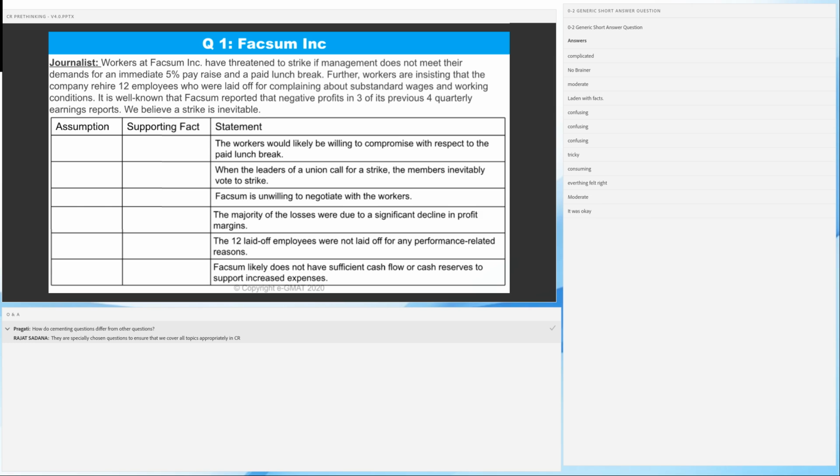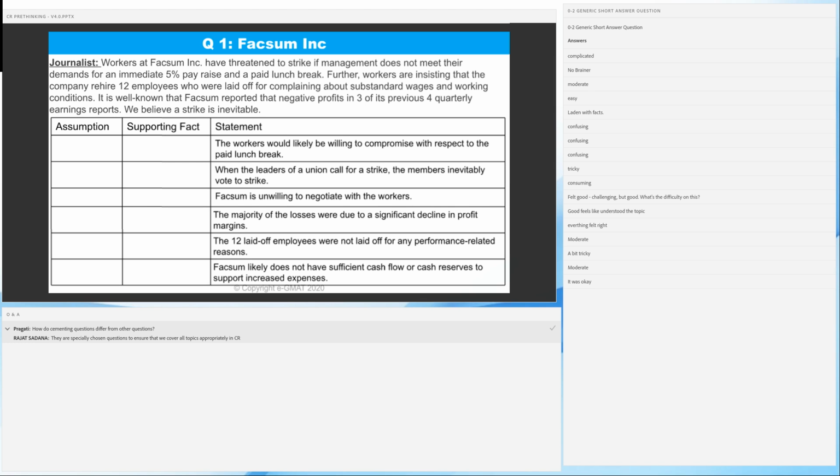Confusing. Okay, moderate. It's a new format. It's a new template. You've got to really train your brain to look at it. And you can really see, depending on where you're coming from, for some of you, it's much easier than for others, which is why I always say don't try and judge a question, because what may be easy for you may be very challenging for someone else. This is, again, a 700 level question.